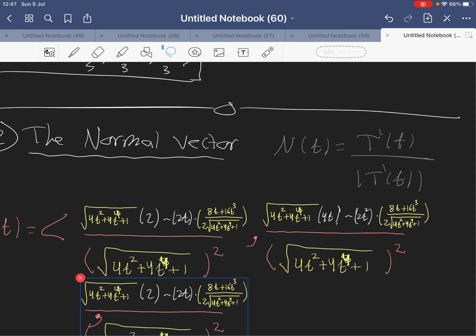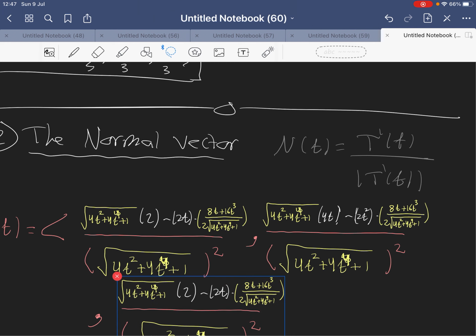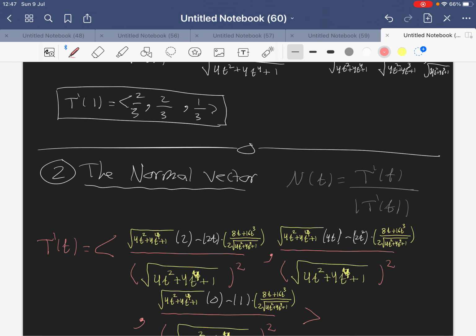Again, we paste. And for the third one, this here and this here, I think this is 1. And the derivative of 1 will be 0. That's how we find the derivative. Of course, now we need to substitute 1 everywhere. In each one of these, we just need to substitute 1.